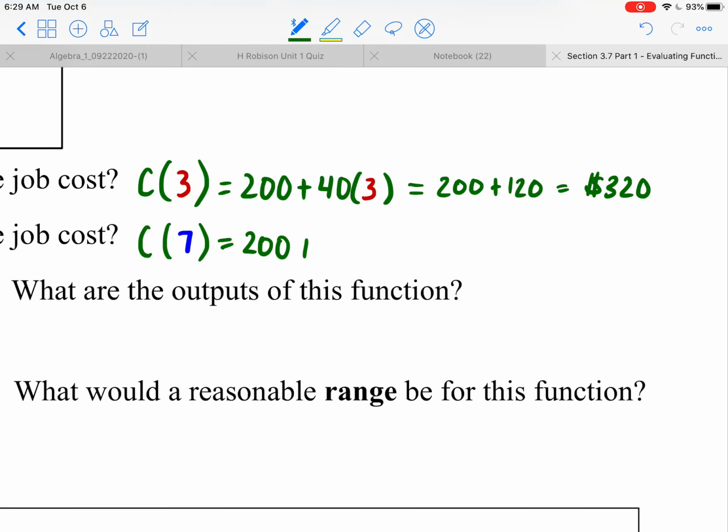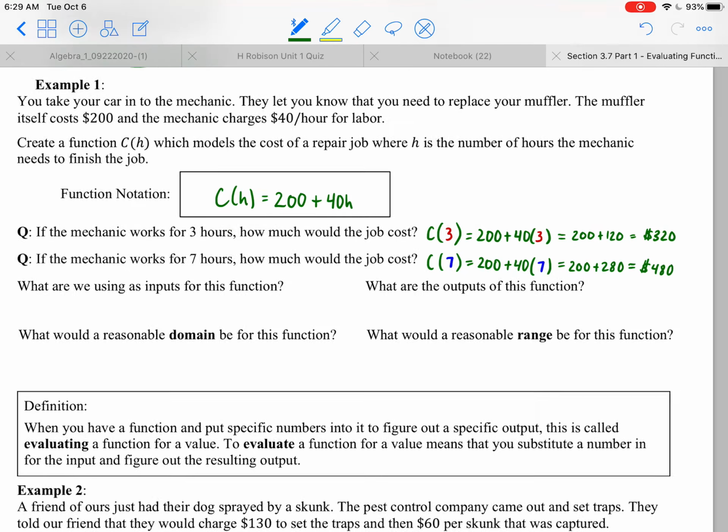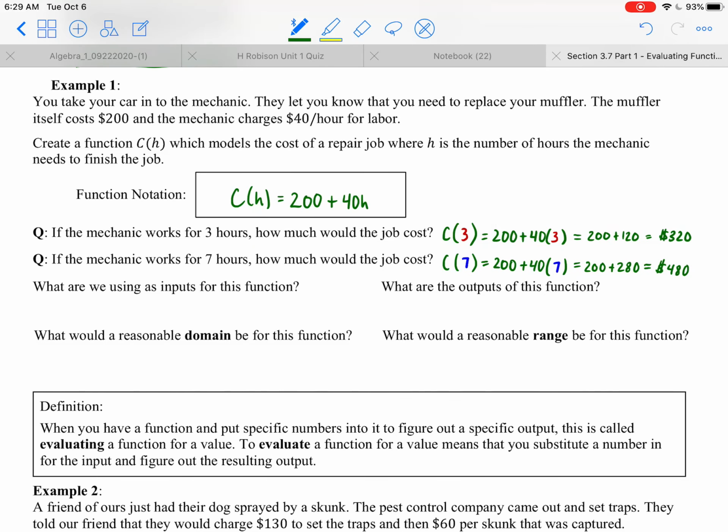So this will be 200 plus 40 times 7 now. So that's 200 plus 280. So that'd be $480. And if your mechanic takes 7 hours to put in a muffler, I feel like that's not good. I don't think the repair job's that long.